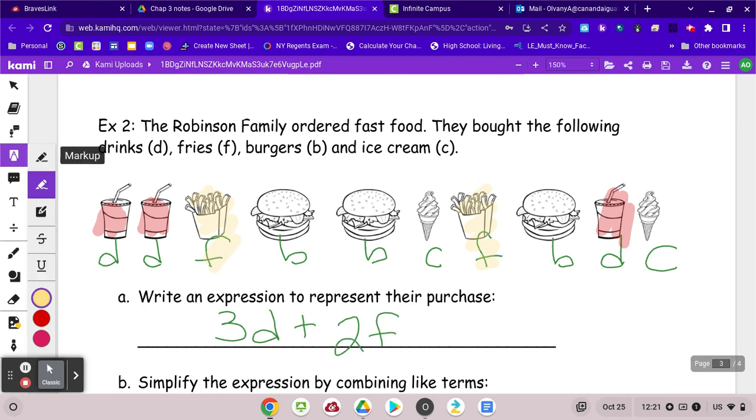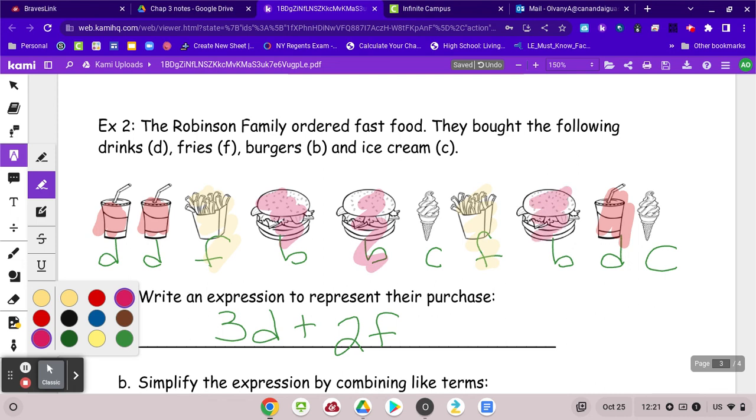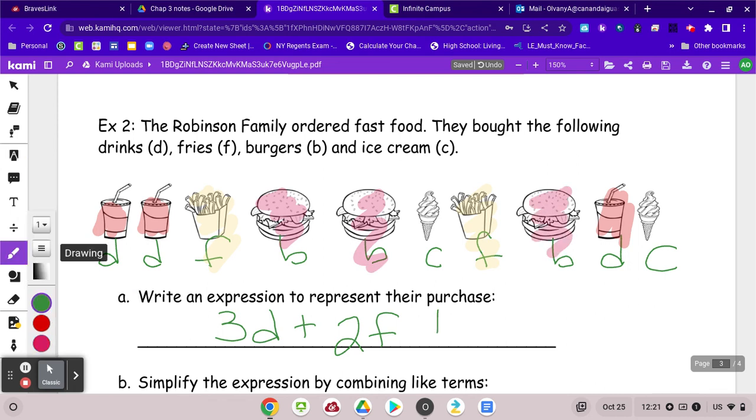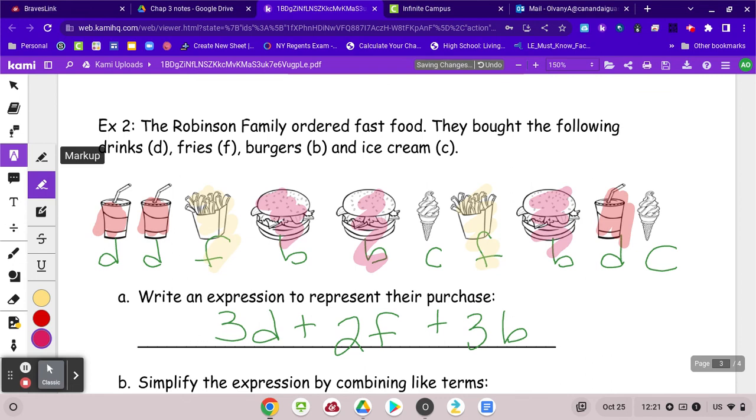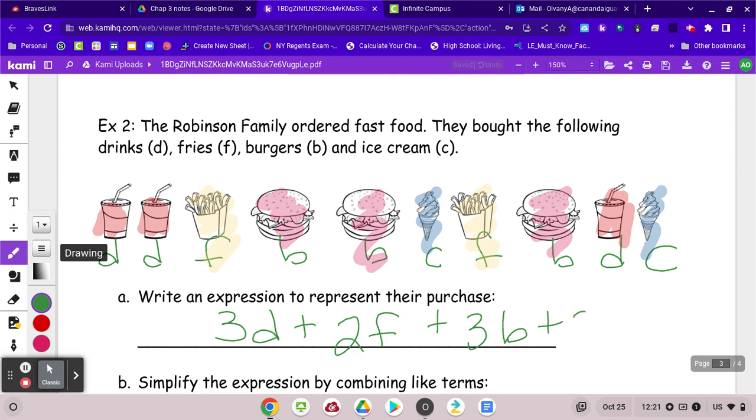And then I'm going to combine all the burgers, 1, 2, 3 burgers, so plus 3B. And then I'm going to combine the ice creams, 1, 2, plus 2C. Now this is really long, but it is simplified because none of them are like terms.